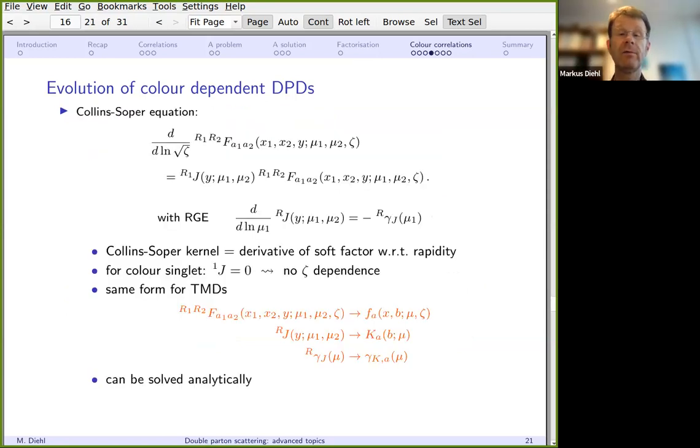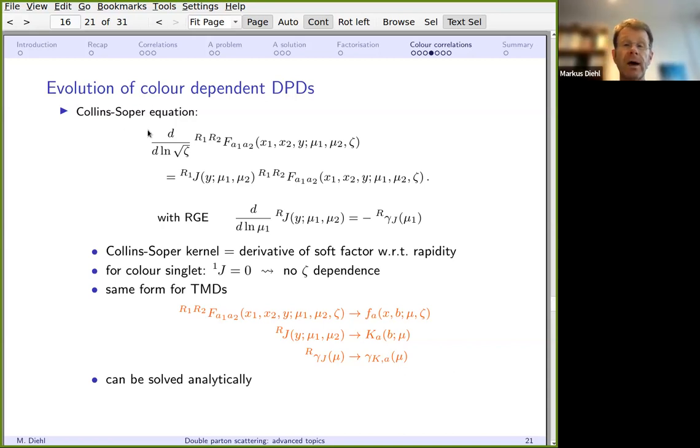And the nice thing is if you have that, then you have a set of evolution equations. One of them is in this rapidity parameter. So you have a logarithmic derivative, or a rapidity derivative, of the distribution here. And the people who do small x physics amongst you will, of course, know that there are such evolution equations in rapidity.